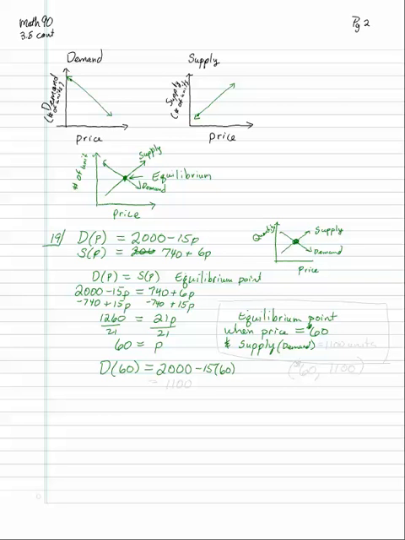So what's that? 900 from 2000, so that's 1100. So you need to produce demand 1100 units. Okay, so that would be the equilibrium point. We can write it as point 60, 1100 if we're thinking of the graph.